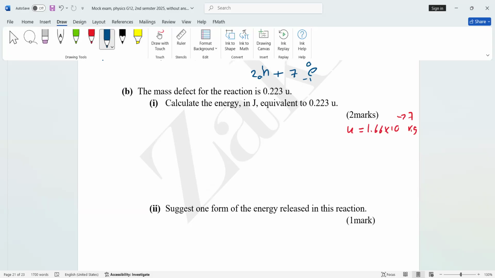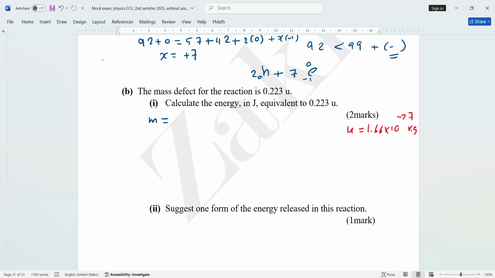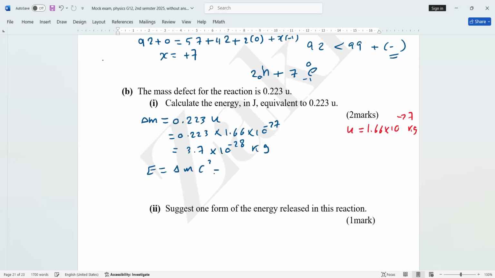So the mass, this is the mass defect delta M, 0.223 U. We convert U to kilogram: 0.223 multiply 1.66 times 10 power negative 27. The answer is 3.7 multiply 10 to the power negative 28 kilogram. We can calculate the energy, delta M C squared.